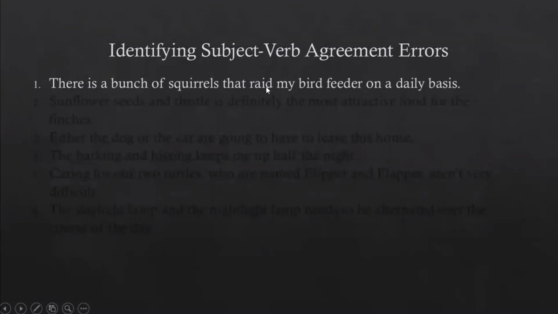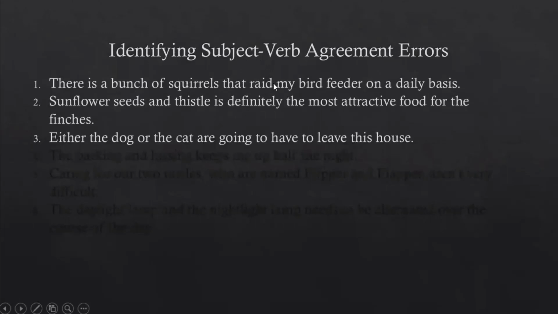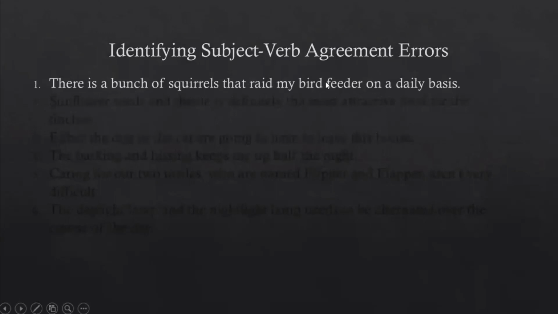Raid is a plural verb, right? The squirrels raid. Bunches would raid, but not a bunch. So this is where your problem is. It's not your main verb, it's the subordinate verb. So that would need to be raids.